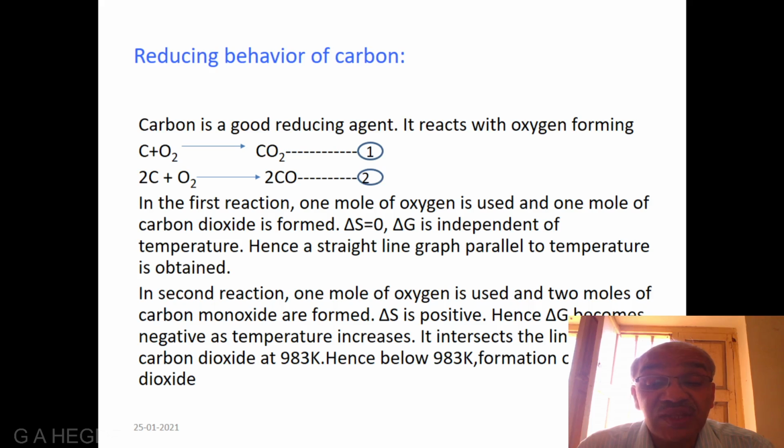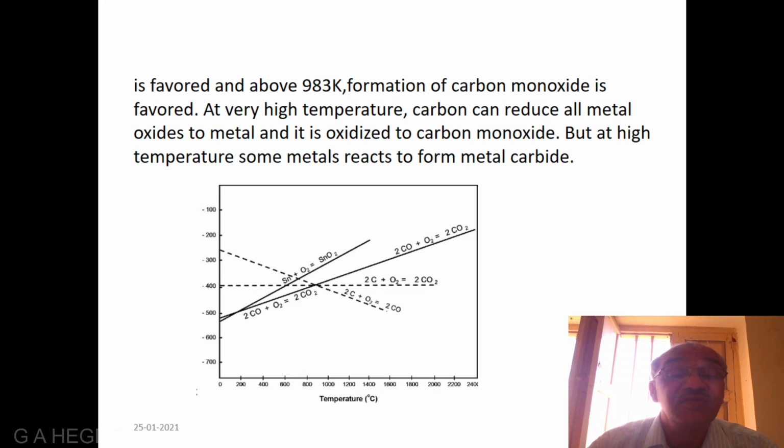It intersects the line of carbon dioxide at 983 Kelvin. Hence, below 983 Kelvin, formation of carbon dioxide is favored, and above 983 Kelvin, formation of carbon monoxide is favored.